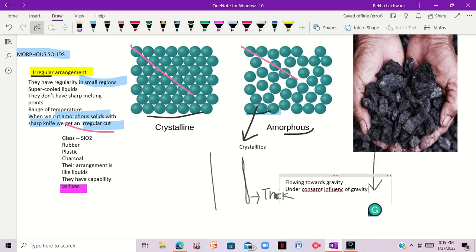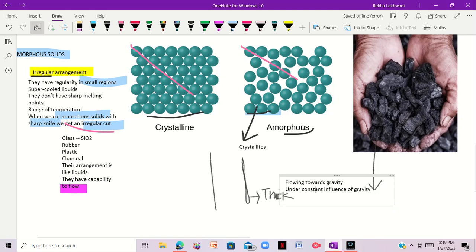So the end becomes thick and the upper side becomes thin.